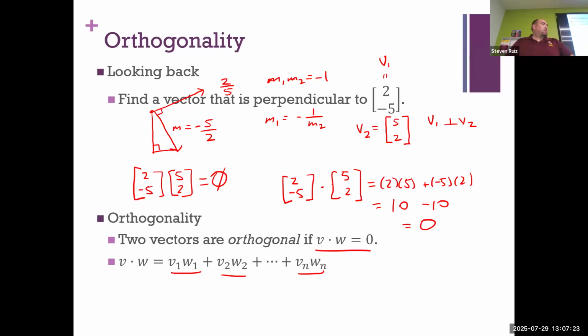This dot makes a world of difference. Yeah. So another thing is this: what if I transposed one of them? What if I did 2 -5 times 5, 2 like that? Does that exist?